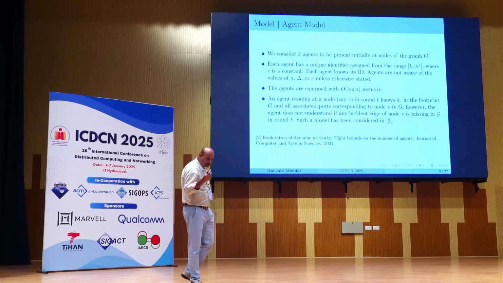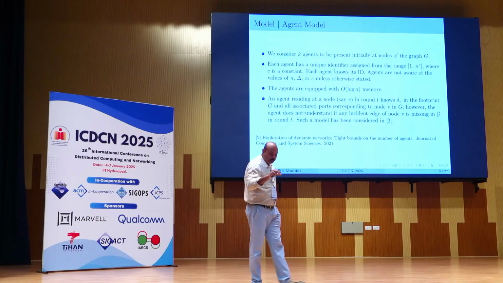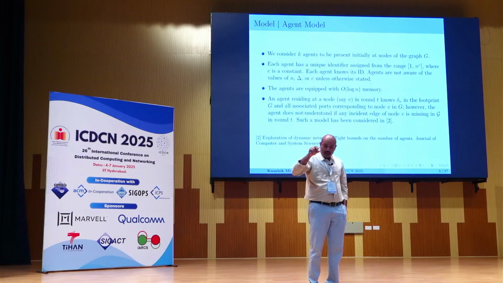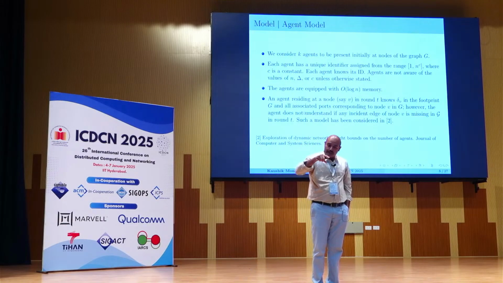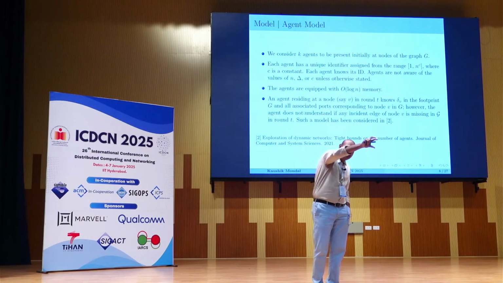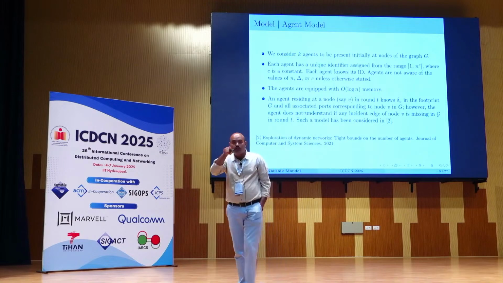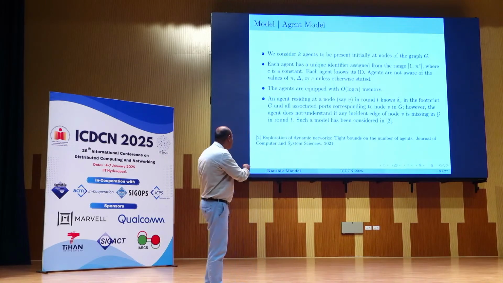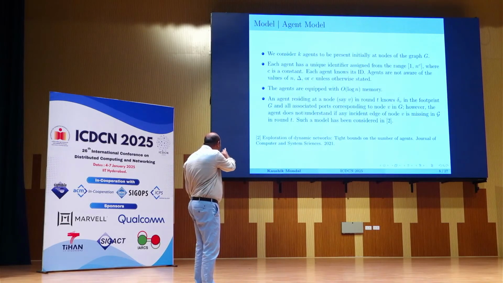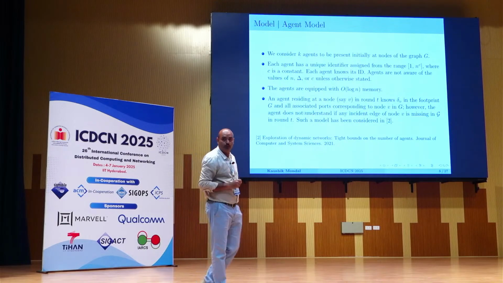So that means, let's say I am the agent at node V, and at round r I see its degree as 7. Let's say 7 was the original degree in the footprint. Even if one edge is deleted, I will see all 7 ports, and I do not understand if any incident edge of node V is missing in that round.